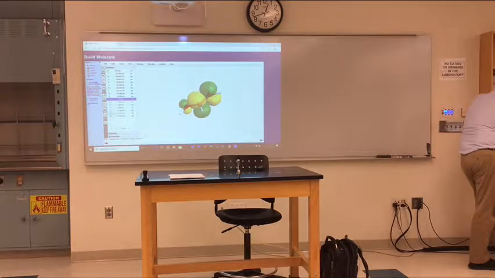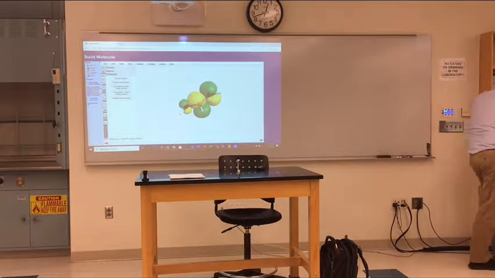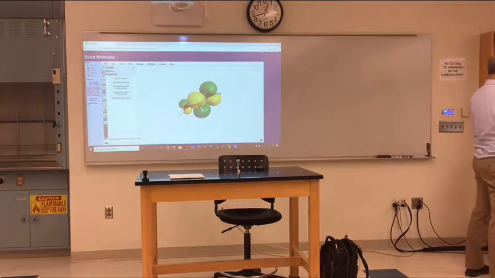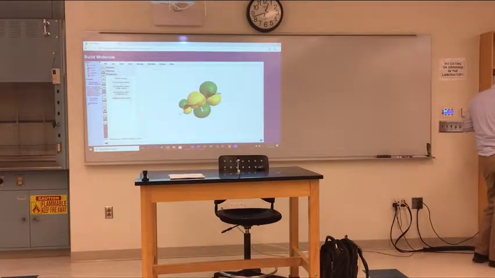We can also look at some of the properties, and these properties are based on molecular mechanics calculations, which are fairly low level. They're not all that accurate, but in terms of where the electrons are, it does a decent job. We already looked at the HOMO and LUMO. We can look at the electrostatic potential, which is essentially the charge density of the molecule.